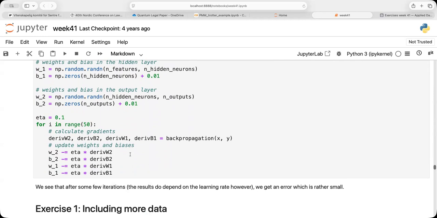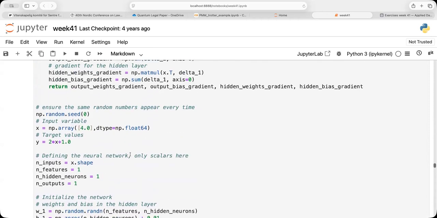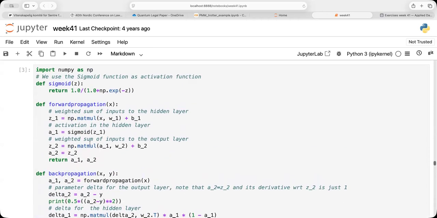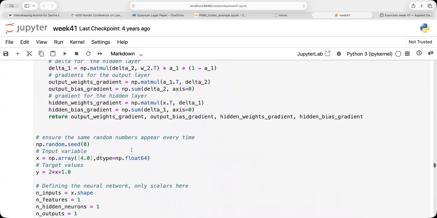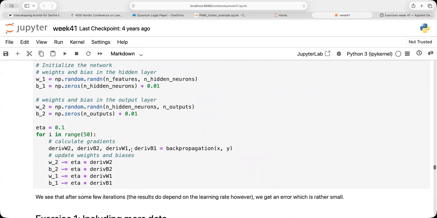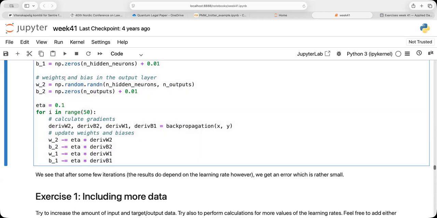In this specific case, I have only scalars, but you could easily change this to vectors and matrices. And this is the topic of these exercises this week, where you're going to do the feed-forward part. So that means that this week, you're going to play around essentially with this part here. So I made it a little more general because I have matrices and vectors, but I'm running with scalars here.